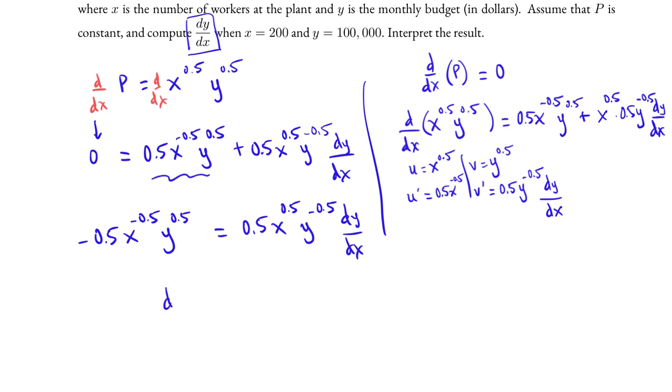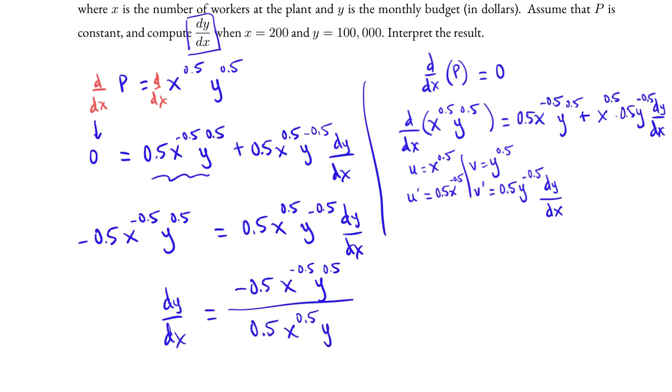And then we isolate dy/dx. dy/dx equals negative 0.5 x to the negative 0.5 times y to the positive 0.5 over 0.5 x to the positive 0.5 y to the negative 0.5. Again, we want dy/dx by itself, so we need to get rid of this factor here. We divide it.